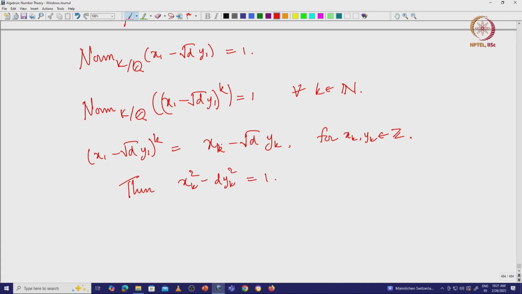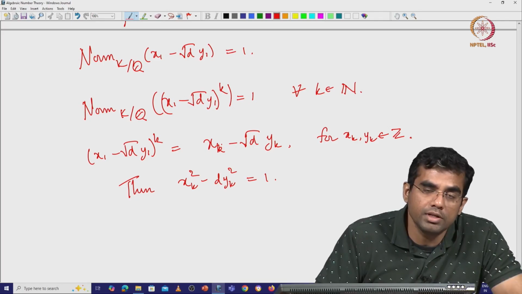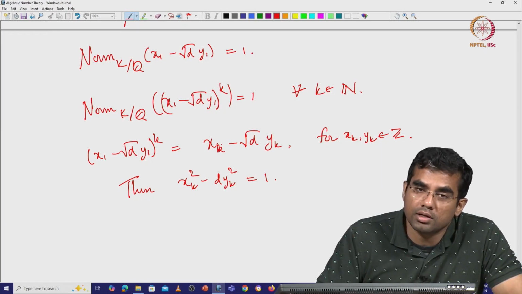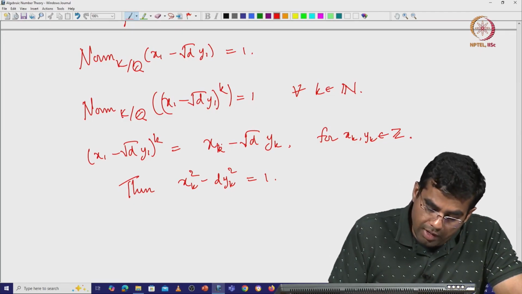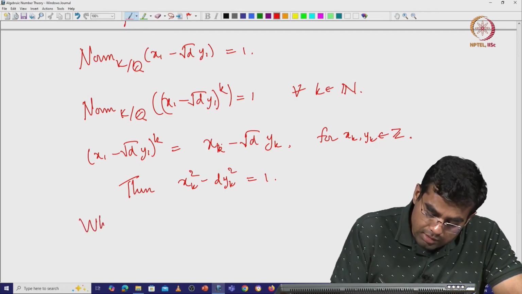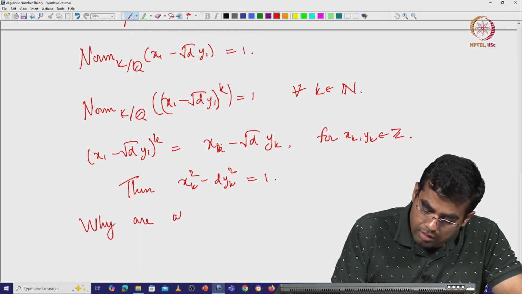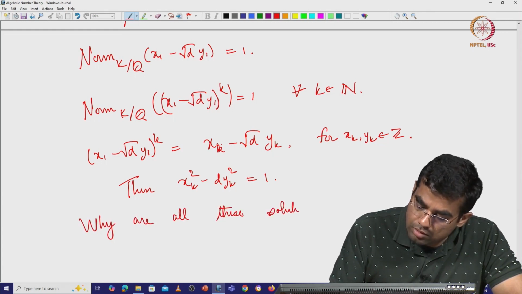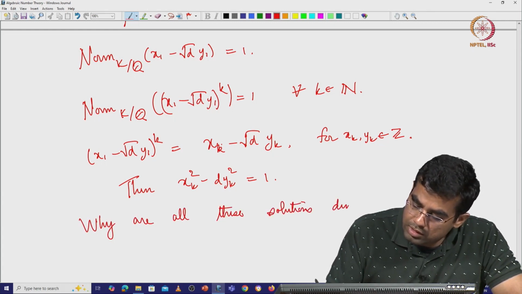I said this gives you infinitely many solutions, but it may happen that you get repetition after some point. So, why are all these solutions distinct?